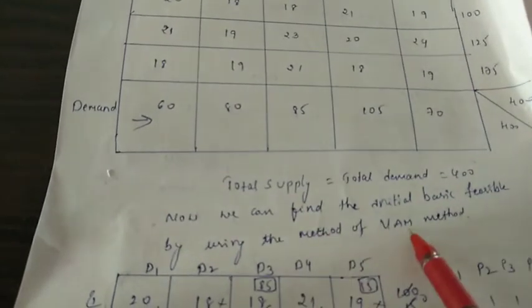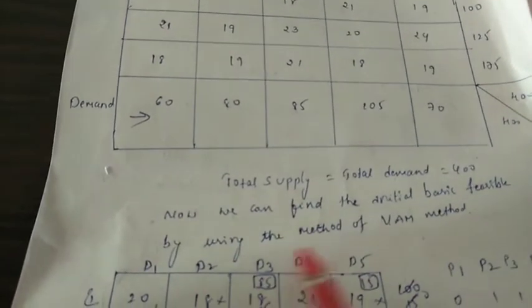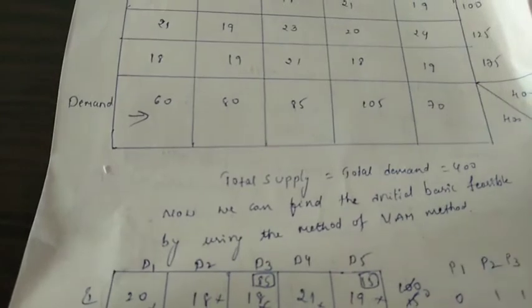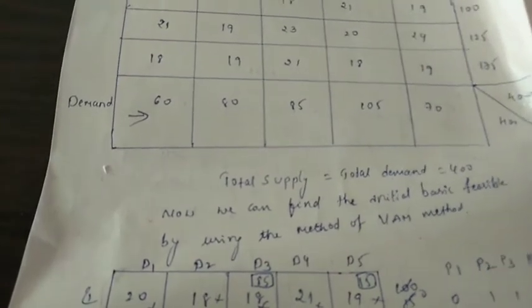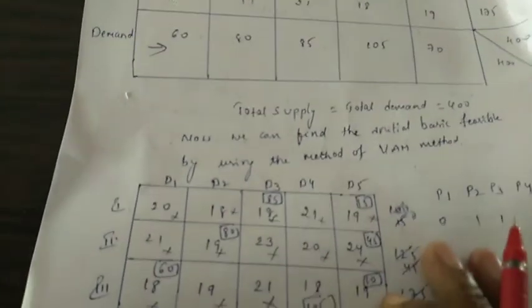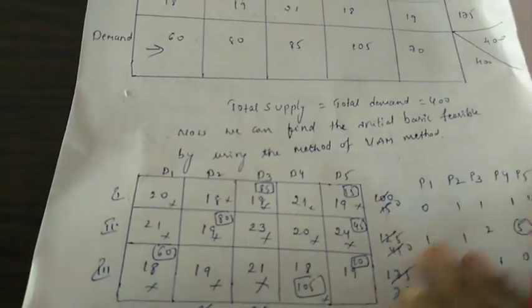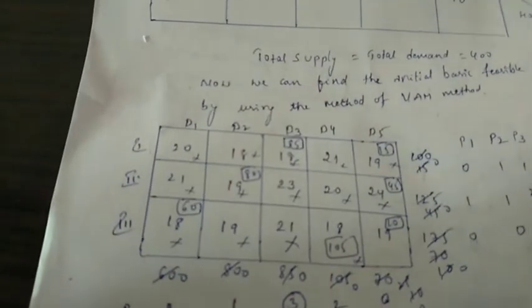Now we can find the initial basic feasible solution by using the VAM method. VAM is nothing but the short form of Vogel's approximation method. Already you know how to solve the problem.